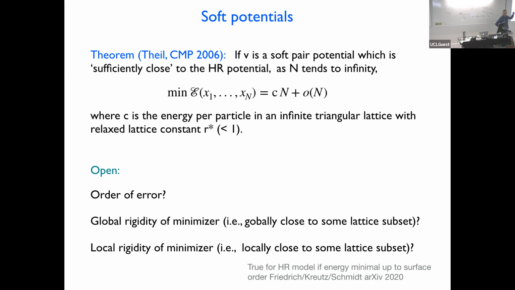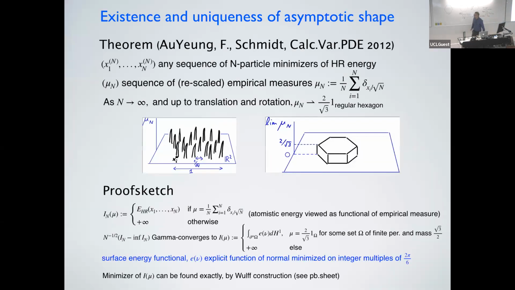They found a very nice structure that it's basically locally rigid. It has internal grain boundaries, but you have an orientation which is locally constant, up to a set of Hausdorff dimension 1.